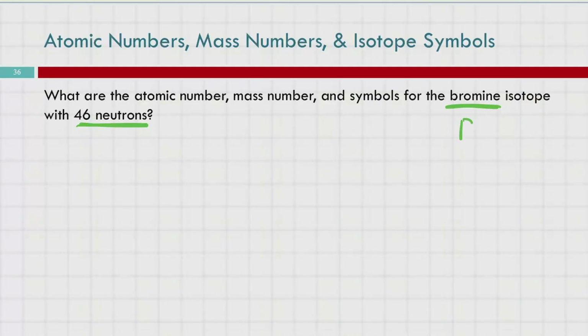Br. What's some other information that we can get from knowing that it's bromine? We can find the atomic number. So if we find bromine, right, we see in the top right corner that 35, that's the number of protons that we have. So bromine has 35 protons, always has 35 protons.